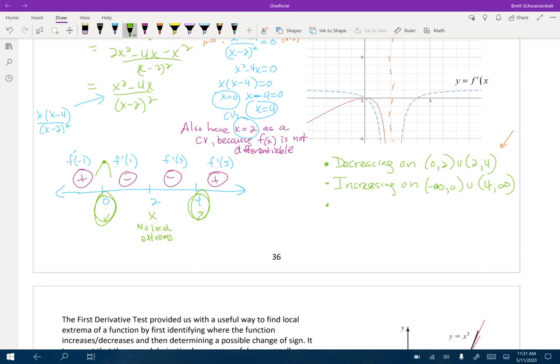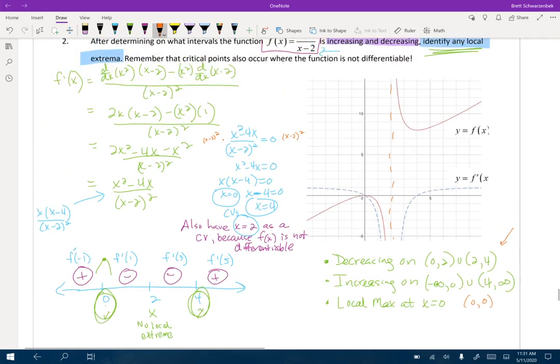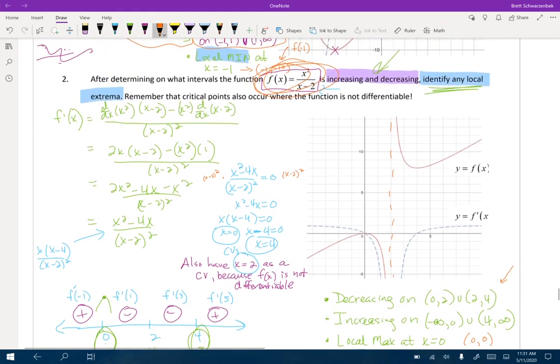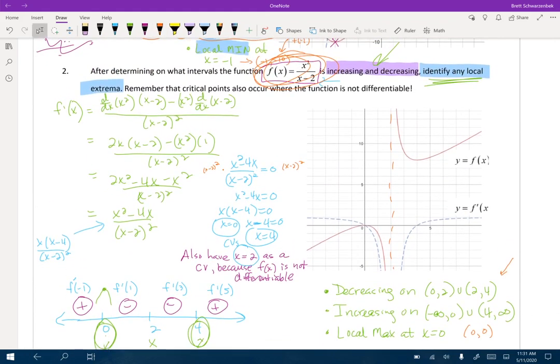So there's a local max at x equals 0. And if you want to plug in that number, you will get a coordinate. If you plug that number into the original function, you're going to get 0 as your value, because you're going to get 0 over negative 2, which is 0.